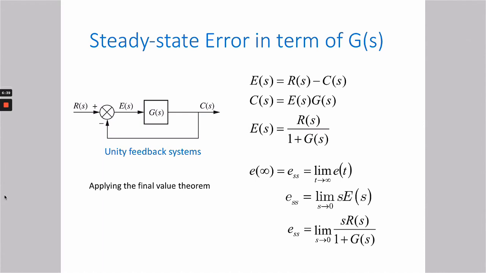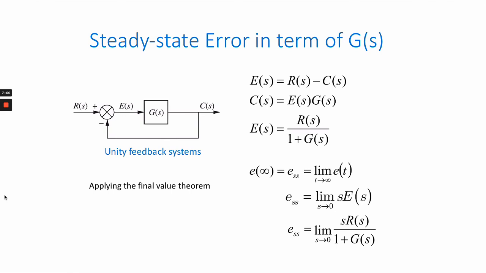Okay, let's try to come up with a steady state error in terms of G(s). For this system, we have a plant G(s), a unity feedback system, error E(s), input R(s), and output C(s). From the diagram, we can come up with these equations. We know that E(s) is the input minus the output.